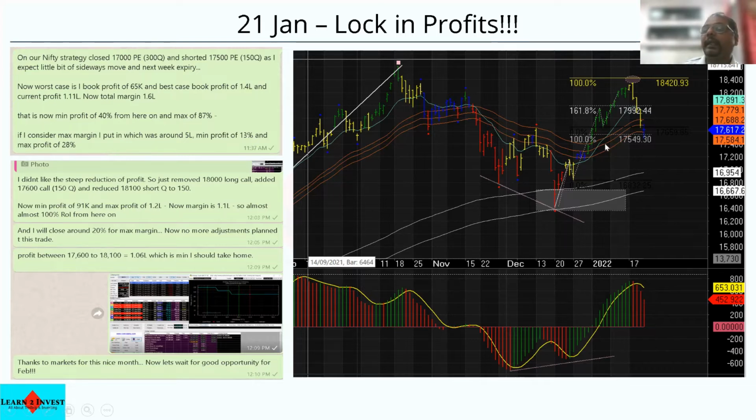And all this happened between the Nifty move from 17,400 to 18,400 and back to 17,600. Whenever markets are moving like this, option traders are taking lots of positions. You want to be one among them, take a position, make your money, and go back home. That is the goal.